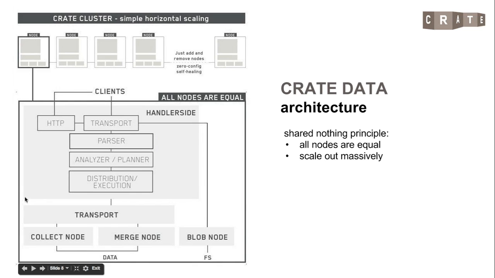If you look into one single node, that's what's drawn below a little bit larger. There are several components we are using. First of all, the nodes talk with each other via the transport protocol, which is a binary protocol, or an HTTP protocol. Clients generally will launch an HTTP query, and then the parser analyzes this SQL query. We are using the Facebook Presto parser.